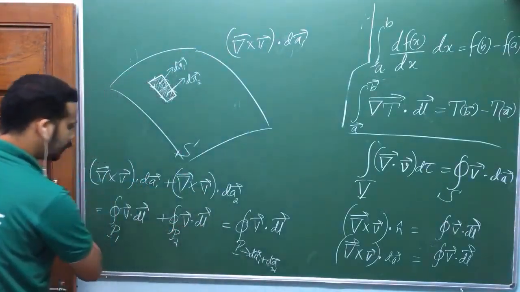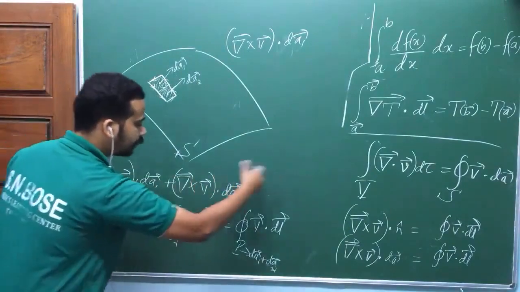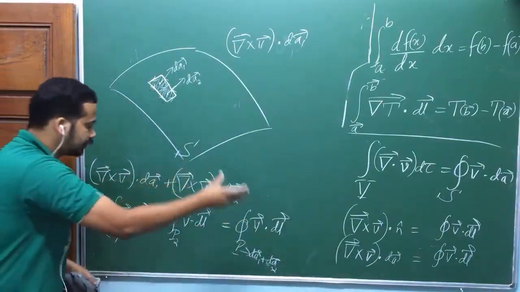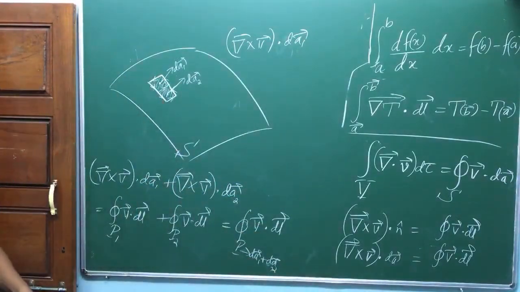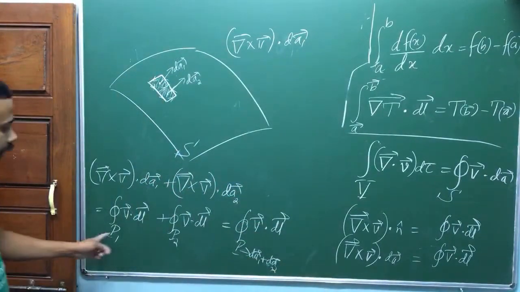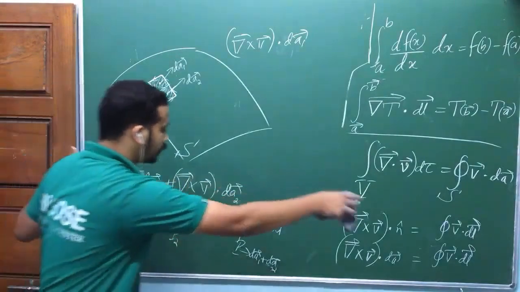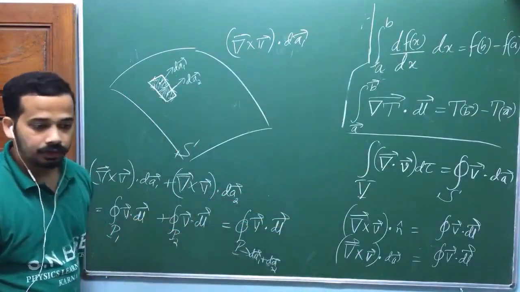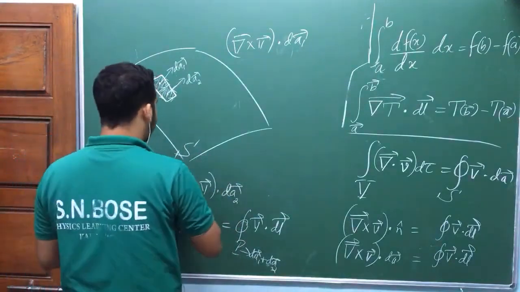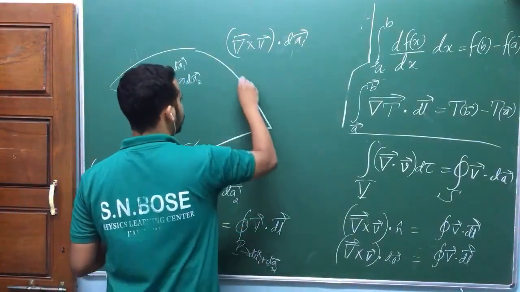So then what will happen? This will become an integral. If you keep on adding infinitesimal of these things, that will become a surface integral, am I right? And take the total surface, and this addition of the path integrals will become a total path integral, and that path is the boundary line of the surface.